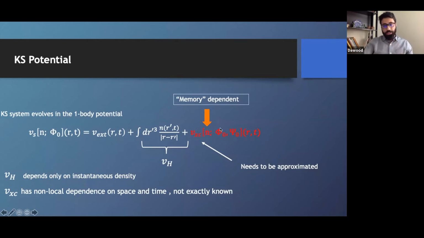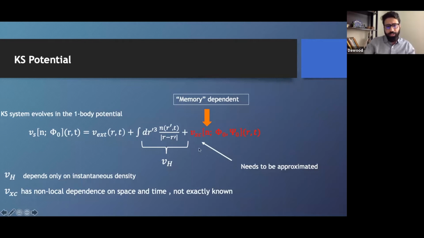Since the one-to-one mapping that we saw earlier holds for an initial state, and to be able to reproduce the density of the interacting system from this non-interacting system, this condition endows this VXC with functional dependence on the initial state of both the interacting system as well as the Kohn-Sham system.